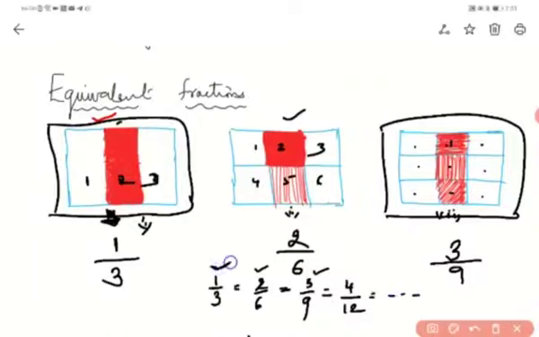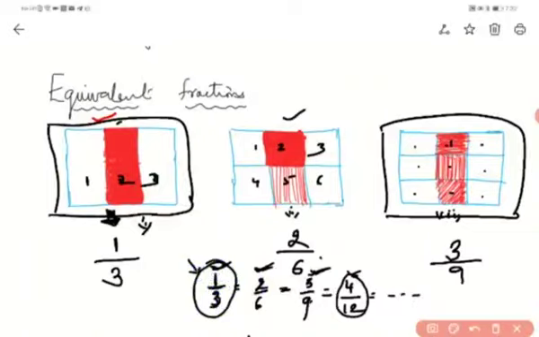So equivalents of 1 by 3 are 2 by 6, 3 by 9, 4 by 12 and so on. Or you can say equivalents of 4 by 12 are 3 by 9, 2 by 6, 1 by 3. Isn't it? So what does this mean? This is called the basic or standard form. You cannot cut 1 by 3 any more, whereas the others you can cut.